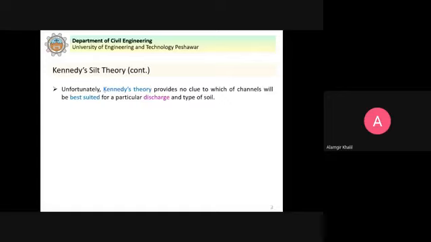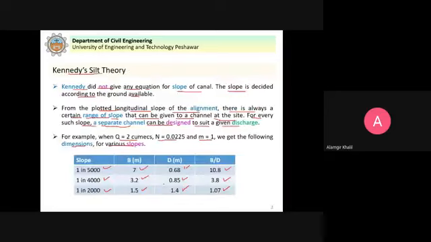Unfortunately, Kennedy's theory provides no clue to which of the channels will be best suited for a particular discharge and type of soil. Now in this case, you see that these are the dimensions of the channel for the discharge of 2 cubic meter per second.